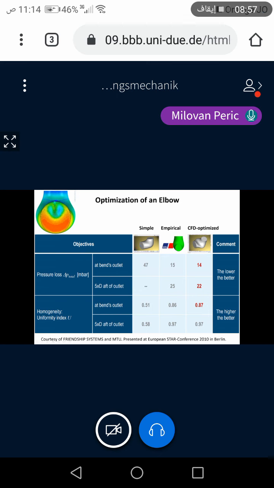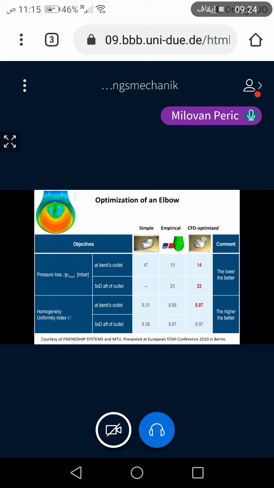And under CFD optimized, you see the shape that has been determined by using CFD and software that does the optimization. So you specify parameters. We will talk about it in the last set of lectures. You have to create a parameterized geometry in which you determine which parameters are allowed to change, which parameters define the geometry.